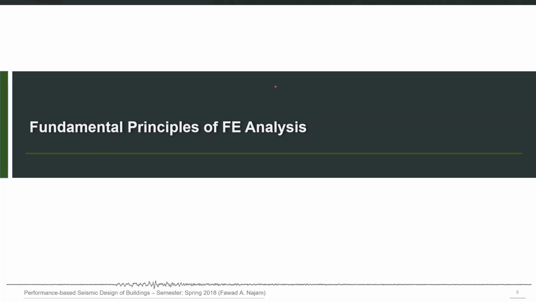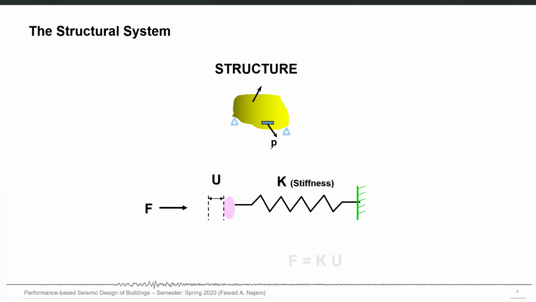Before I discuss any further details, let's have a quick overview of what the finite element analysis is and what are some of the principles on which it is based. In linear elastic modeling, we look at our structure essentially like a very big spring, which is governed by a spring constant or the stiffness of that spring, which in real structures is the global stiffness matrix of the structure.